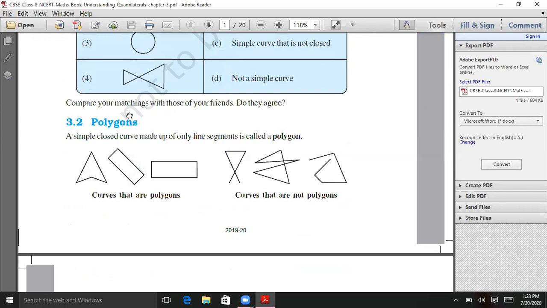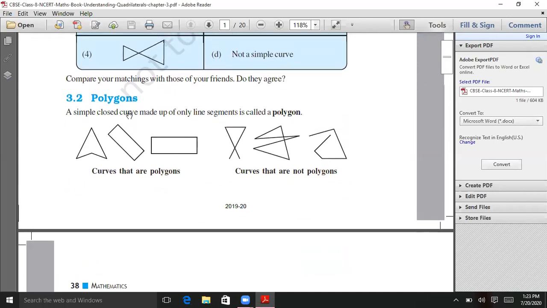According to the definition, a simple closed curve made up of only line segments is called a polygon. That means it has only line segments, not curves, no circles, no arcs. So a simple closed curve made up of only line segments, like triangle, quadrilateral, pentagon, all these are called polygons, right?